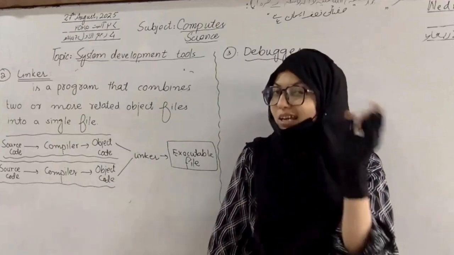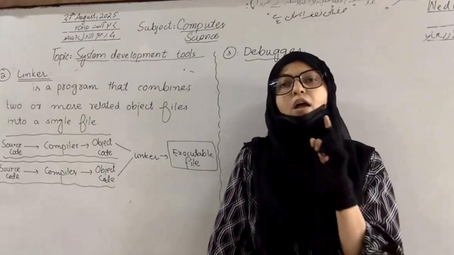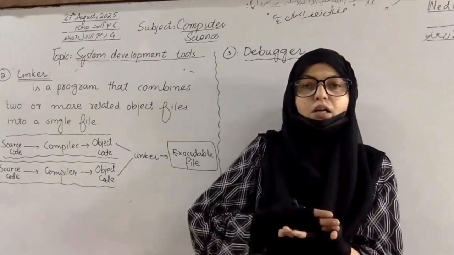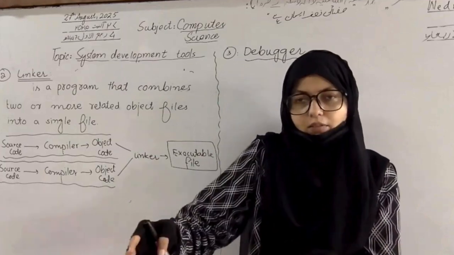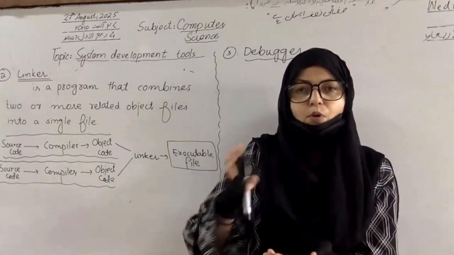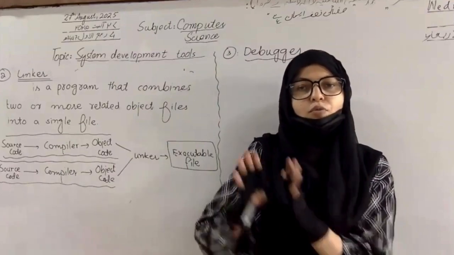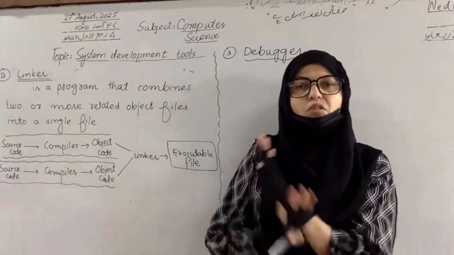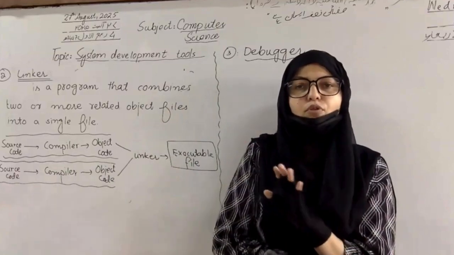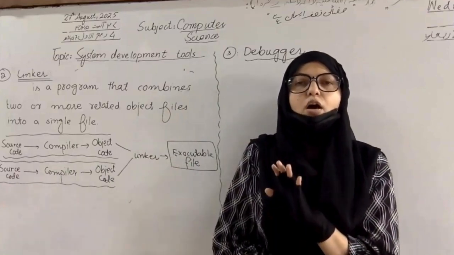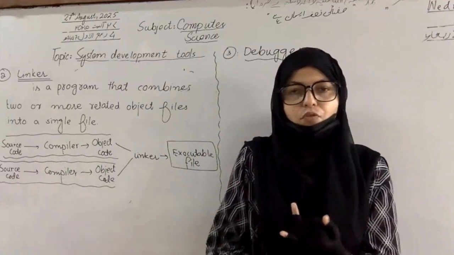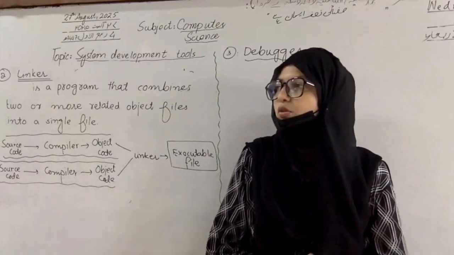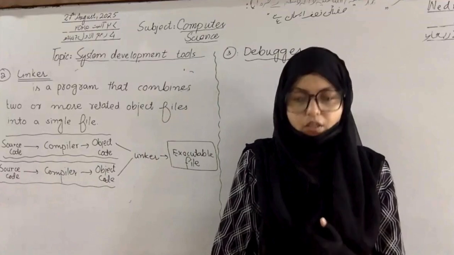You can have a guess with the name as well. So debugger is going to remove the bug. So debugger is a program that is going to remove that bug from the system or from the programs or from the programming language or from any application or system software, that is known as debugger.